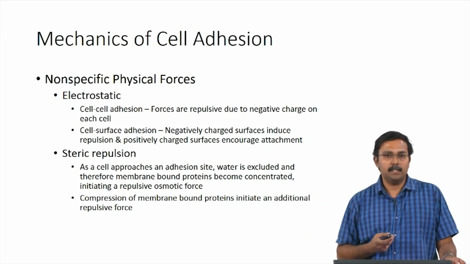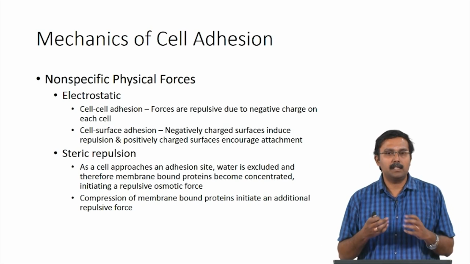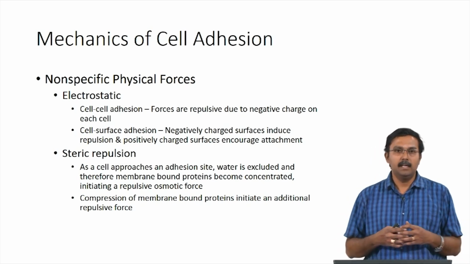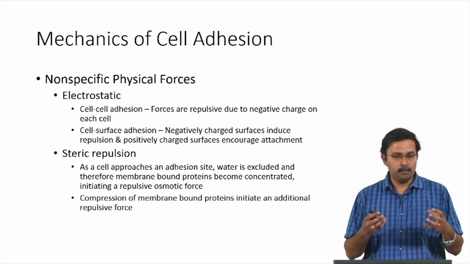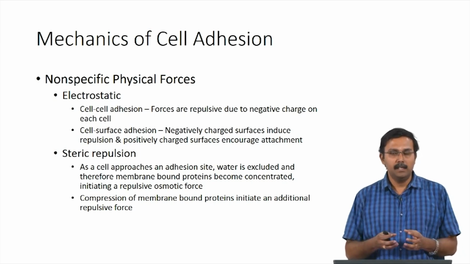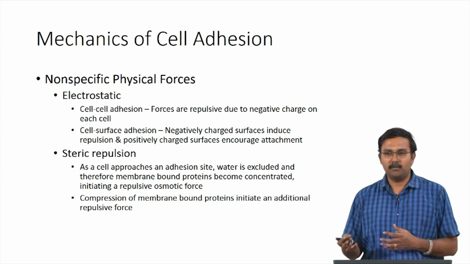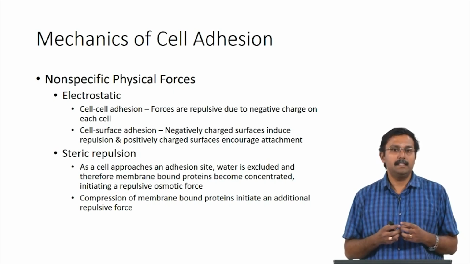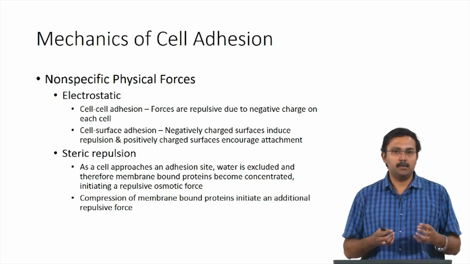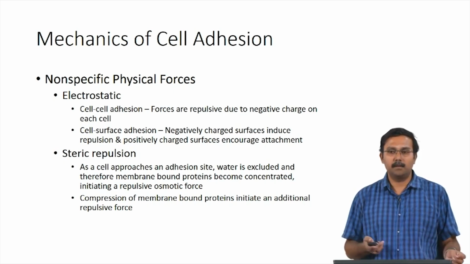Steric repulsion is basically seen when a cell approaches an adhesion site. What happens is water is excluded, therefore membrane bound proteins become concentrated, which causes a repulsive osmotic force. The compression of the membrane bound proteins initiates an additional repulsive force, which is seen as the steric repulsion.